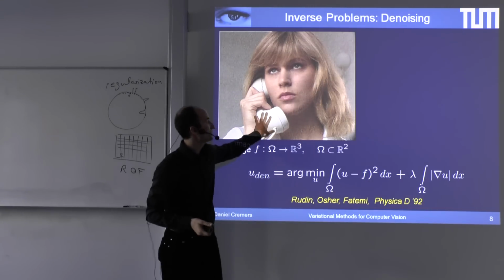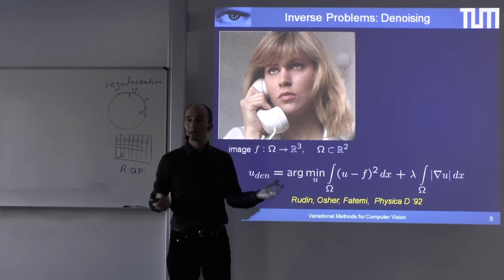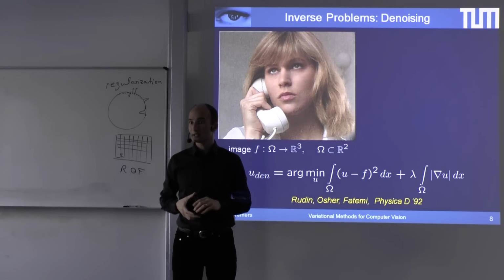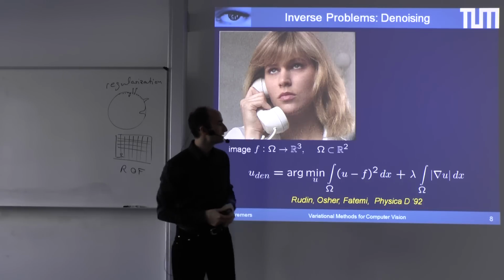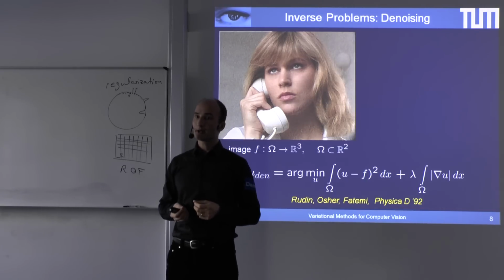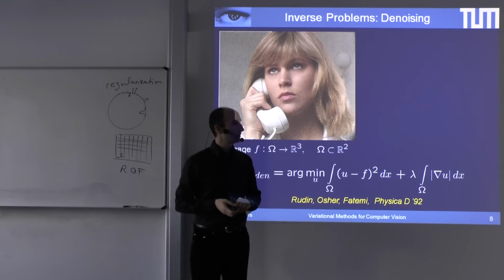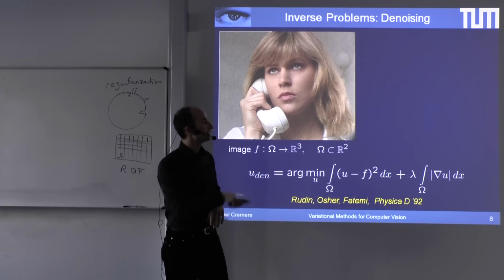We have an image that is a superposition of signal and noise, but a priori no one tells you what the signal is and what the noise is. And so in practice, the way out is to make some assumptions about what is typical about noise and what is typical about the signal. And this is captured in the regularizer.